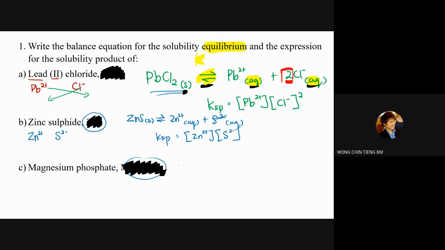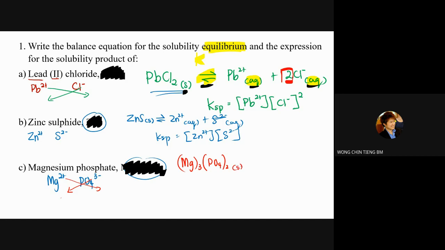Semua boleh buat. Manganese, magnesium pula, Mg, PO4, phosphate adalah 3 minus by the way. Okay, bawa turun 2, bawa turun 3. So your magnesium phosphate, magnesium akan jadi 3, phosphate akan jadi PO4 2.